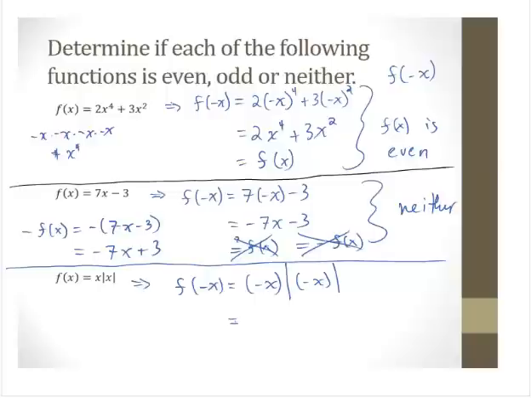Well, the absolute value of negative x would still be the same as the absolute value of x. And we just still have this negative x on the outside. Notice how that's the opposite of f of x. So this function is odd.